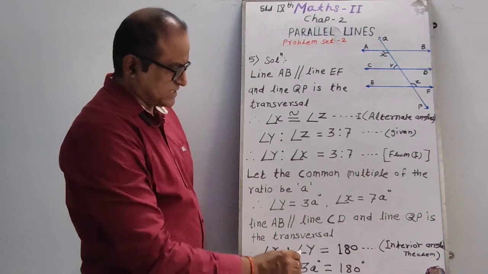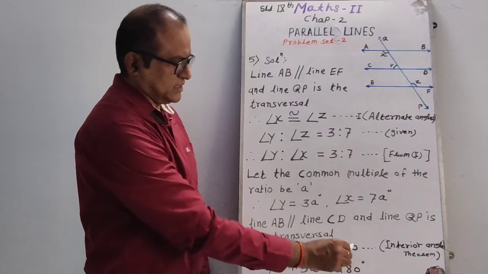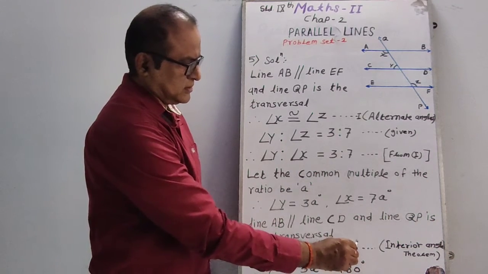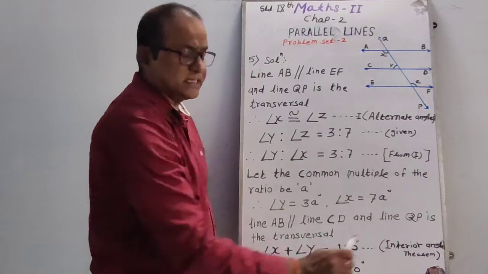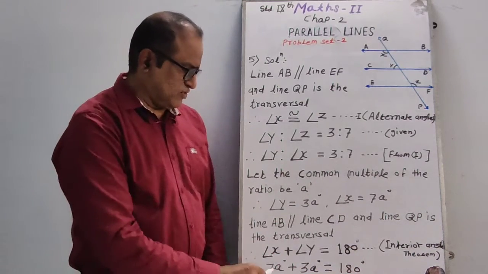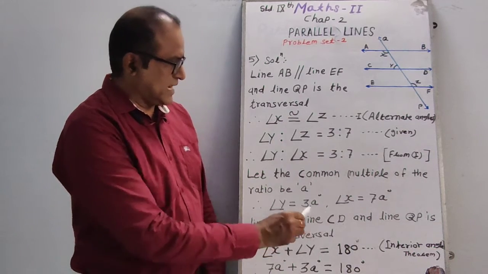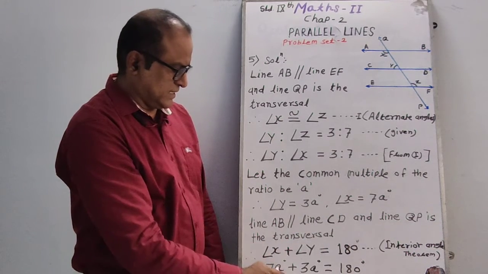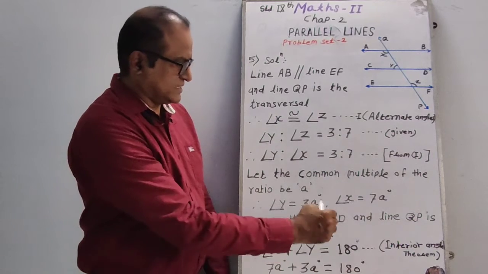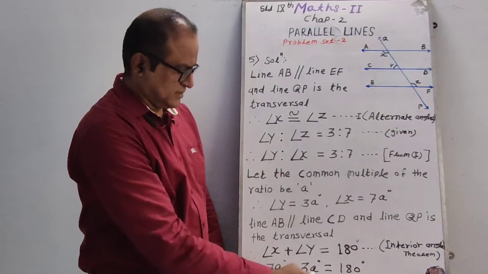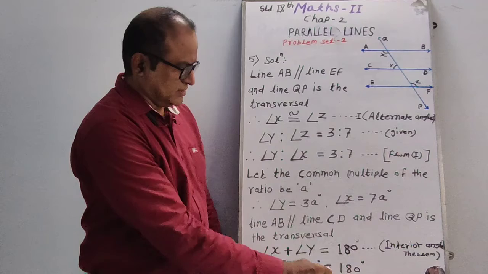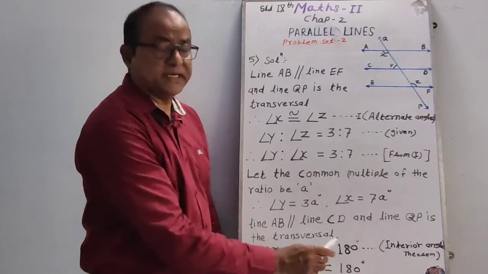Therefore, angle X plus angle Y is equal to 180 degrees, by the interior angle theorem. Therefore, 7A degrees plus 3A degrees is equal to 180 degrees.